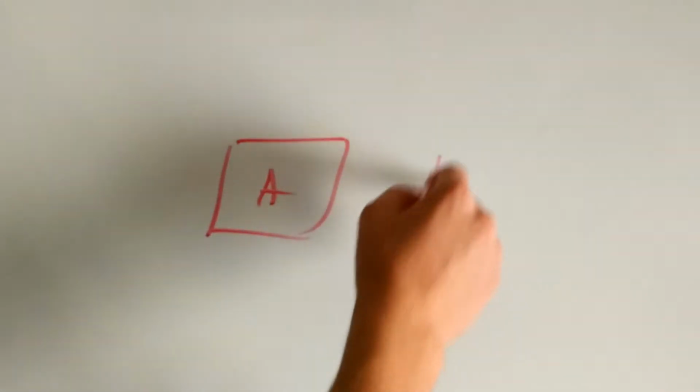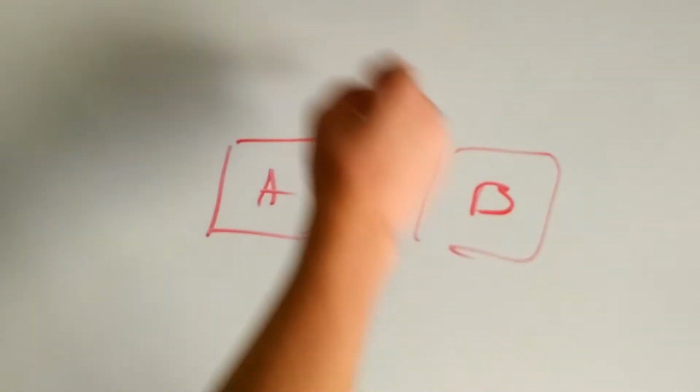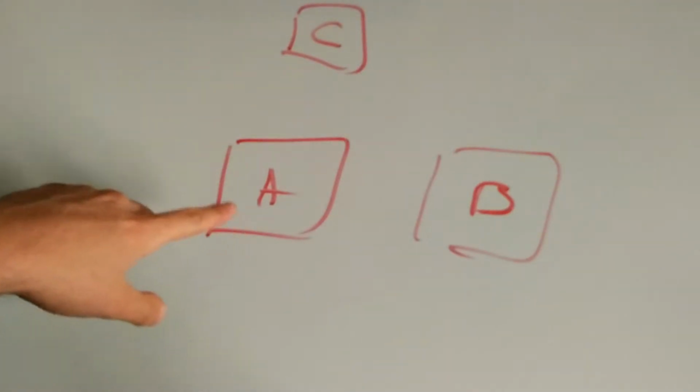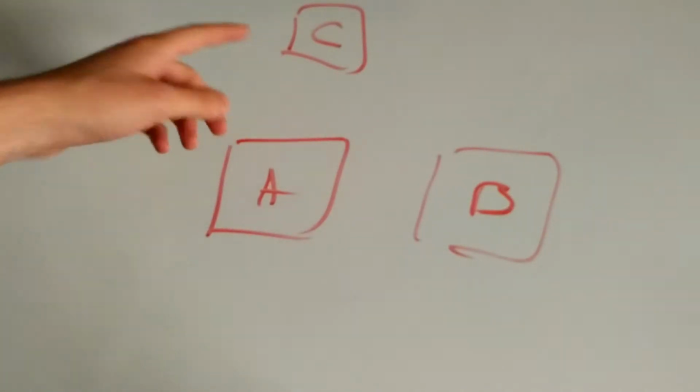So let's imagine that we have three bodies: body A, body B, and body C. So let's say that I put body C and body A into thermal contact, and what we know about temperature is that we can say that it is a measure of energy transfer.